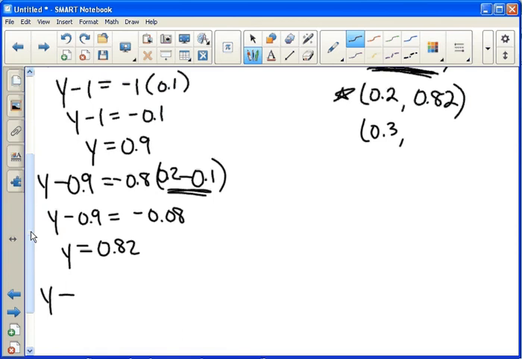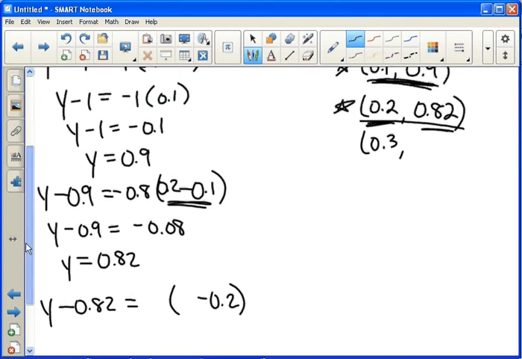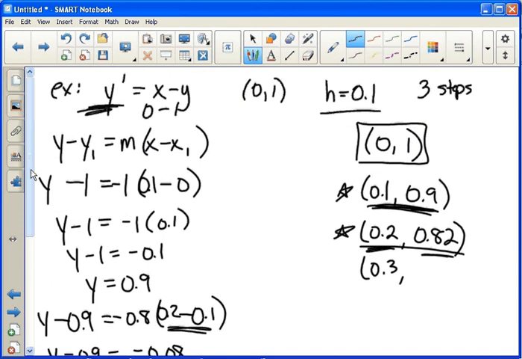So I get y minus 0.82, x minus 0.2. If we plug this point, the 0.2, 0.82, back in up here into our slope equation, 0.2 minus 0.82 is negative 0.62.